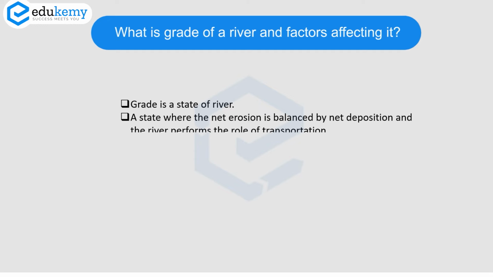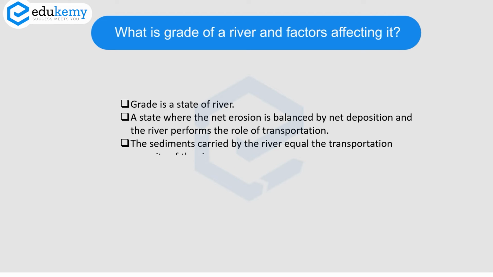The sediments carried by the river equal the transportation capacity of the river.